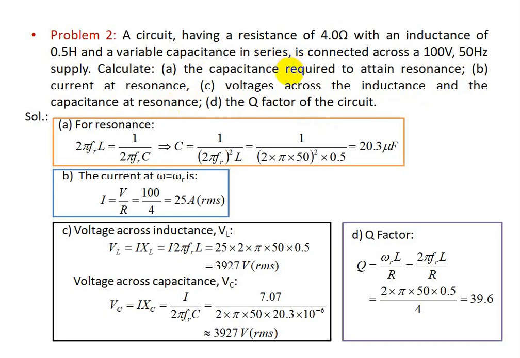To calculate the capacitance at resonance, here we have to assume the resonant frequency as 50 Hz. So for resonance to occur at 50 Hz, we have to find out the capacitance.